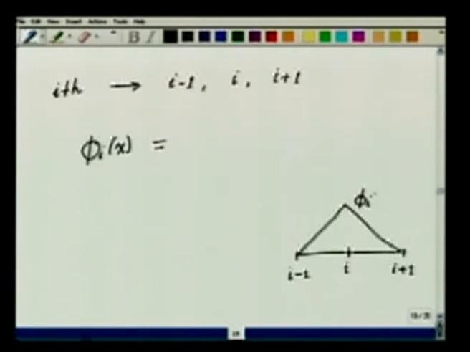This is what my phi of x is, such that it is 1 at the point xi.